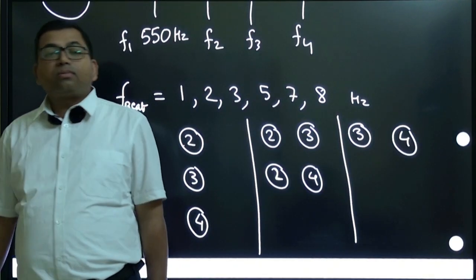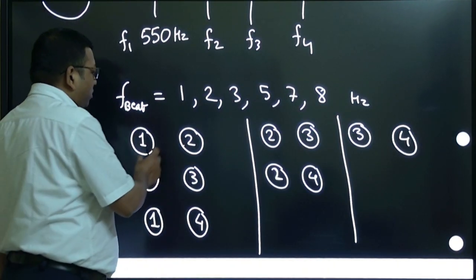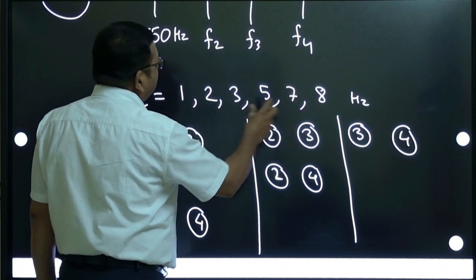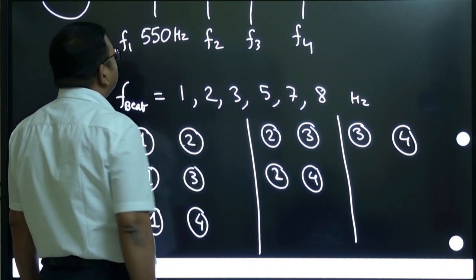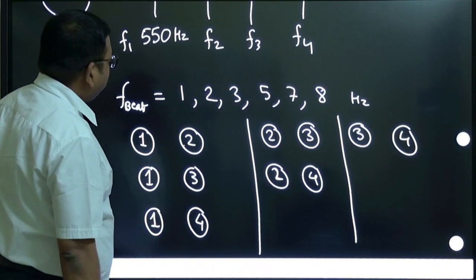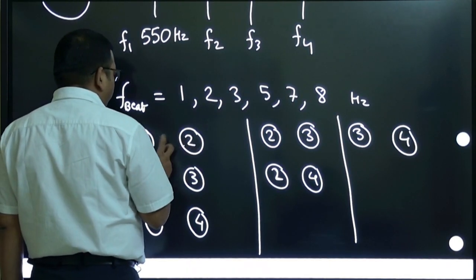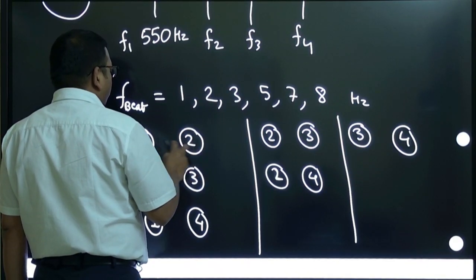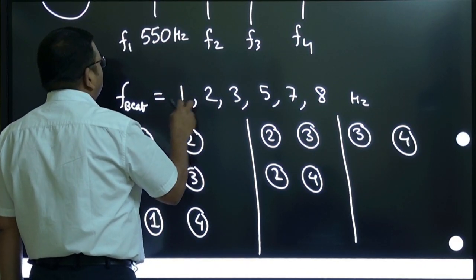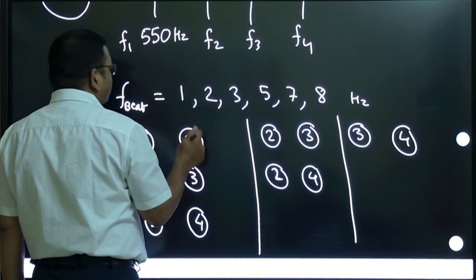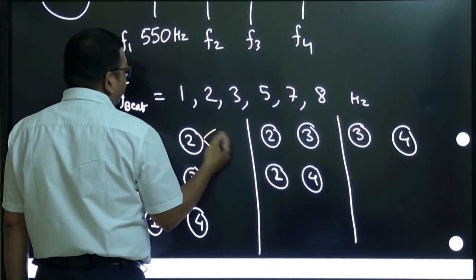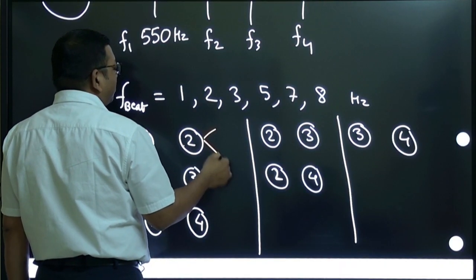So see, the differences are these. If I take, for example, the difference of 1, one frequency is 550, so the second can be either more or less by 1, plus or minus 1.